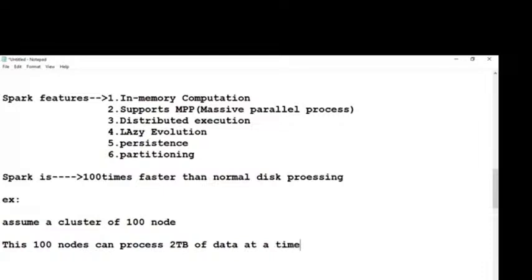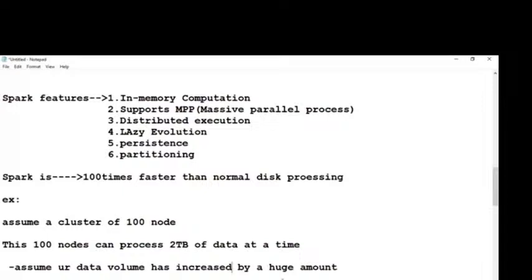Now assume your data volume has increased by a huge amount.